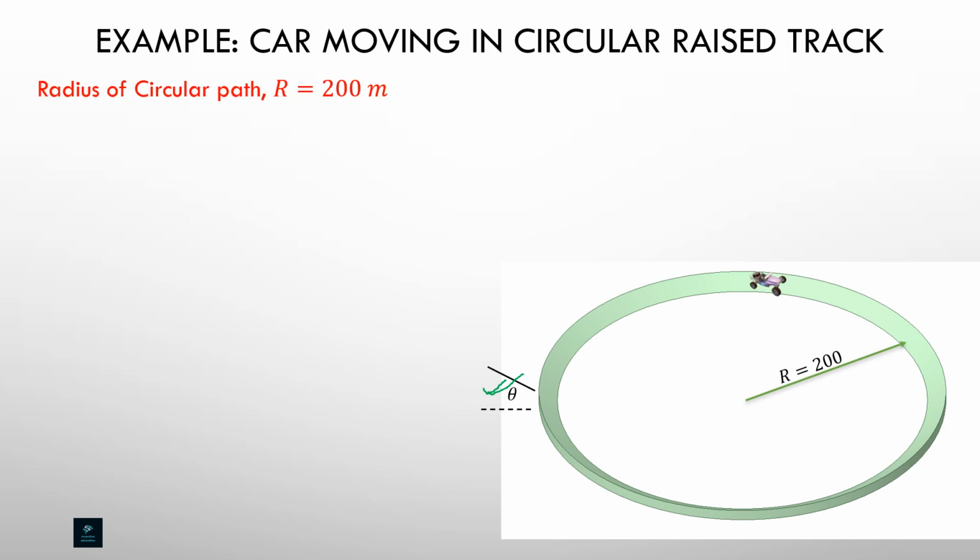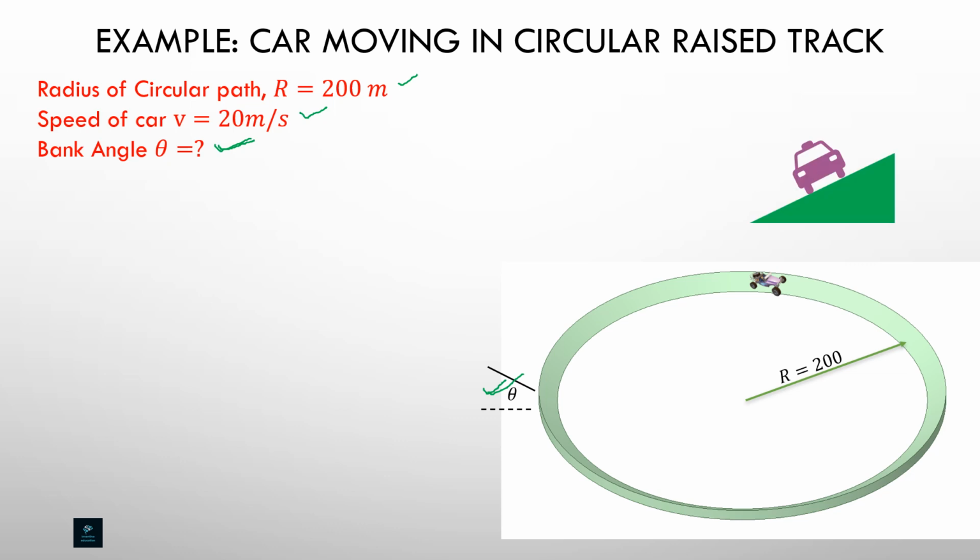So we are given the radius of the circular path as 200 meters and the speed of the car as 20 meters per second. At any instant of time, the forces acting on the car are the gravitational force in the vertically downward direction and the normal force, which is perpendicular to the track surface.